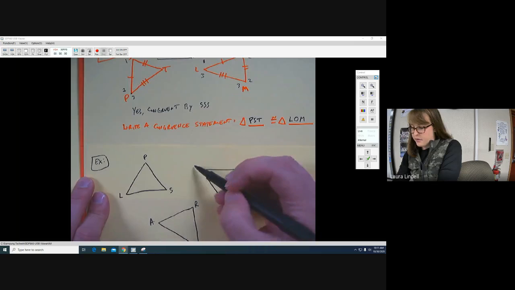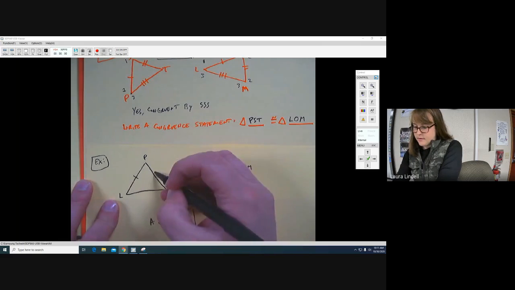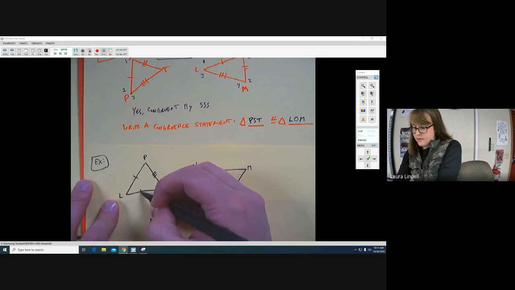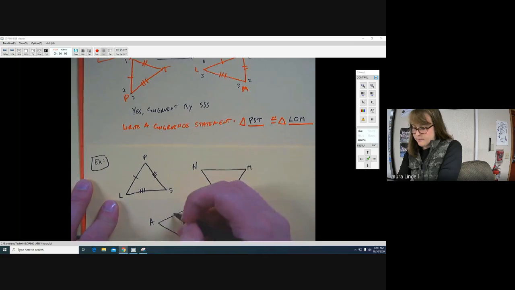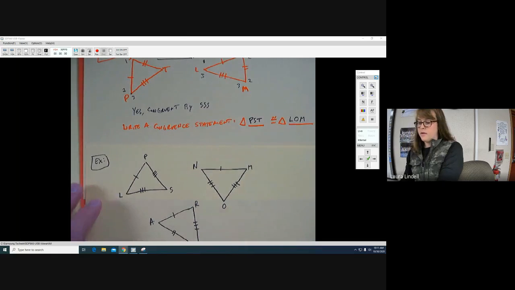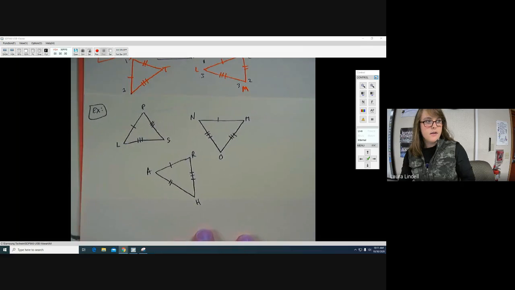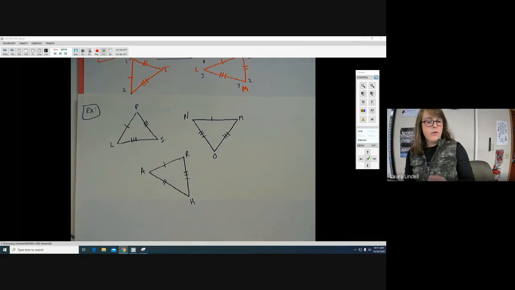What's a letter I haven't used yet? N. Okay, so we want to be able to pick out which 2 are congruent to each other.